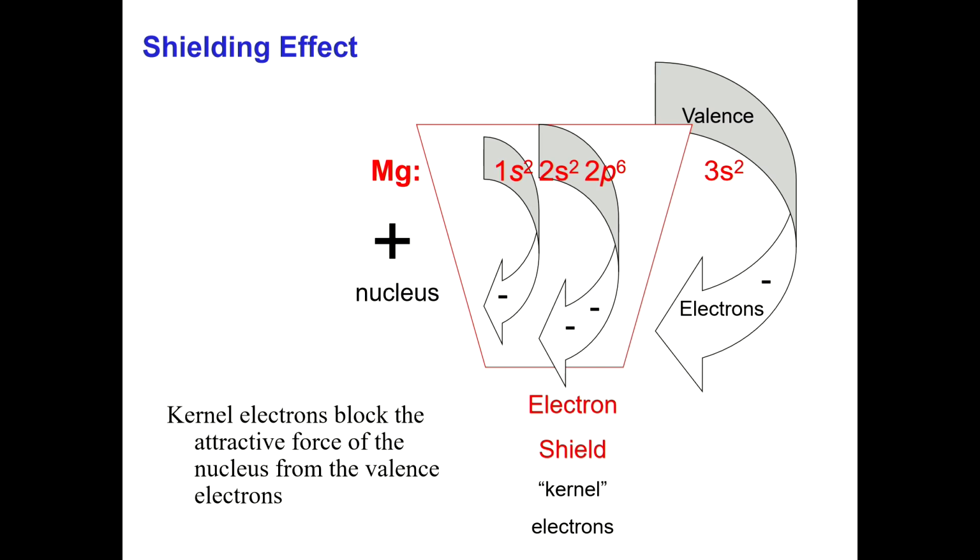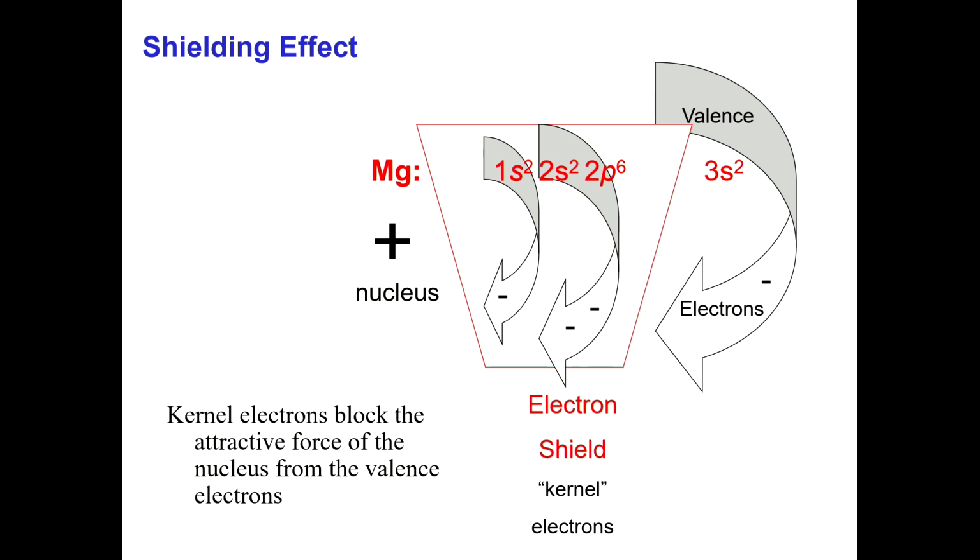For example, we know for this metal, its electron configuration is 1s2, 2s2, 2p6, and then 3s2. These are called inner electrons. This one is the most outside, the third layer. The first and second layers are called inner electrons. This is called valence electrons.